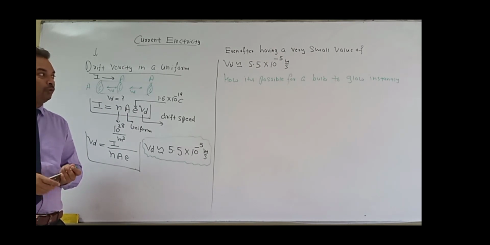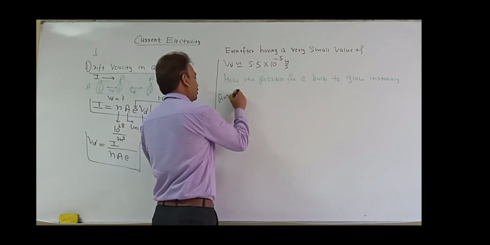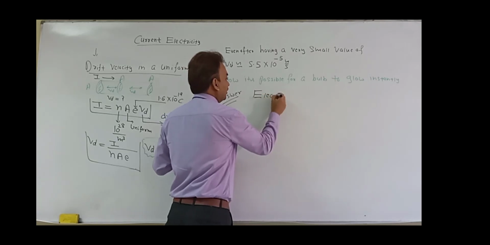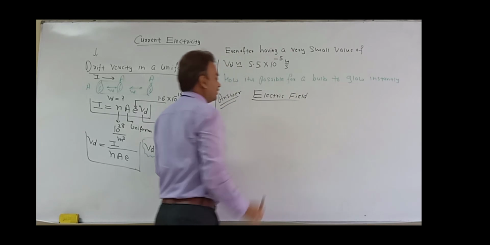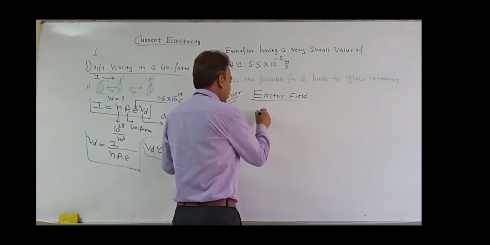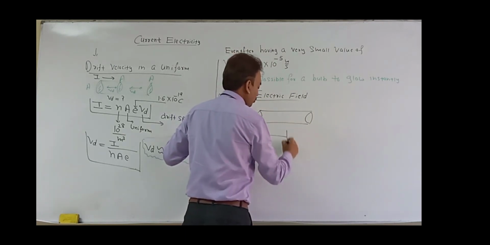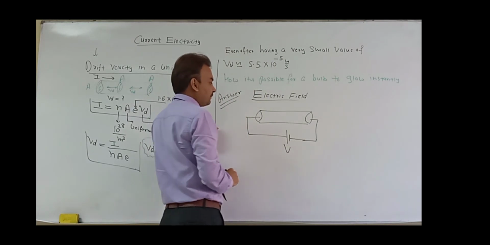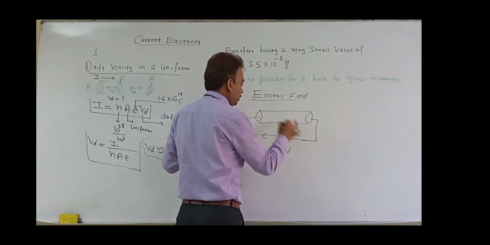So we have to answer this question in terms of electric field. Actually, what happens? When we take a wire and it is connected to some voltage source, the current starts moving from the positive terminal towards the negative terminal.